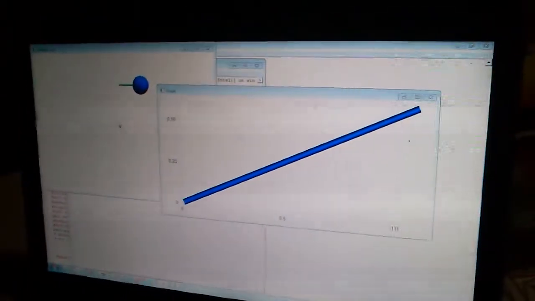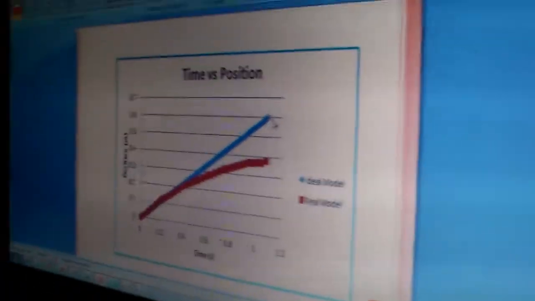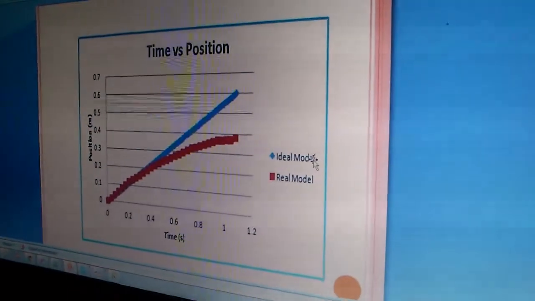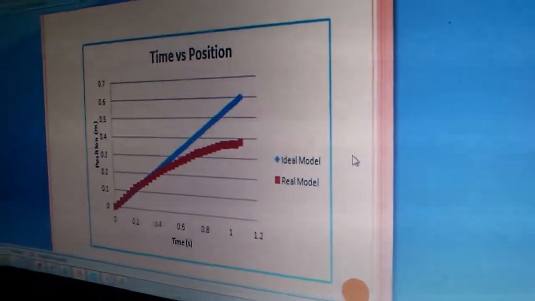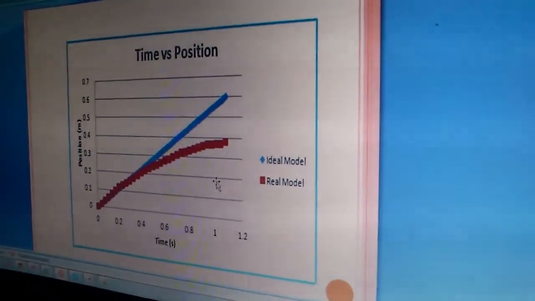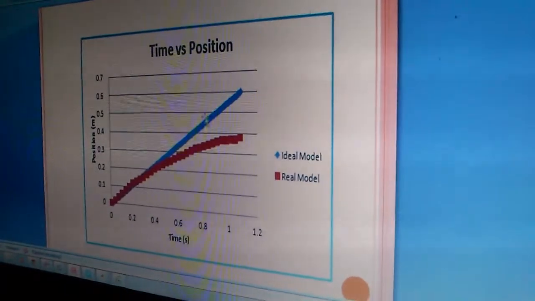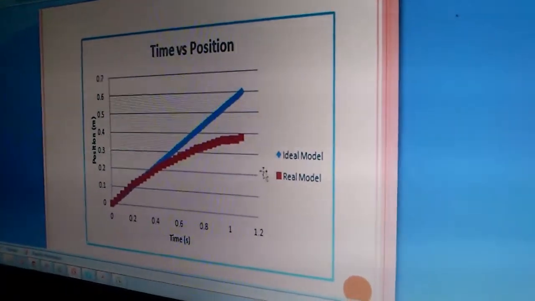Now I will show you the graphs of time versus position from the ideal model and from the real model. We can see that there is some friction from the desk and on the wheels of the train. That's the difference between these two graphs, the ideal model and the real model.